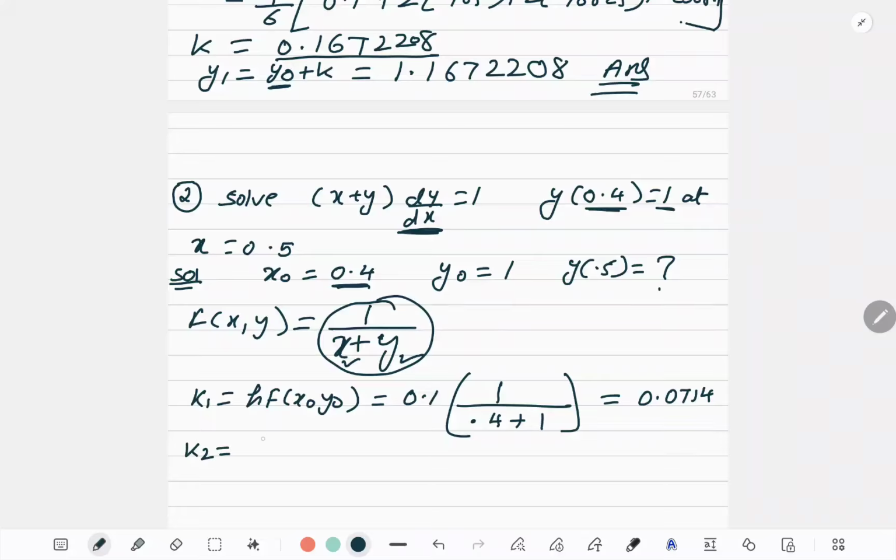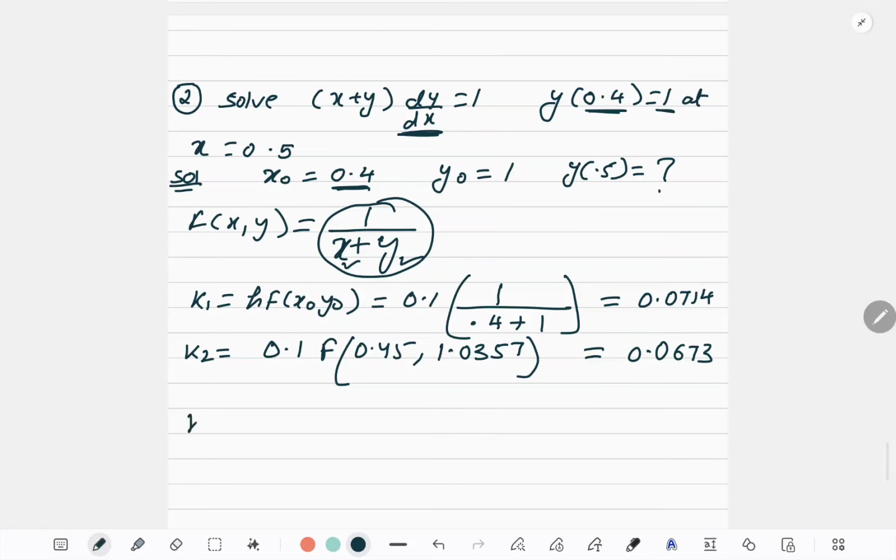Now k2 is equal to, we all know the formula. So k2 will be 0.1, okay, and value of the function at 0.45, 1.0357. So this value will be equal to 0.0673. Now same way you do k3. k3 will be 0.1 f of 0.45, 1.03365, which is equal to 0.0674.